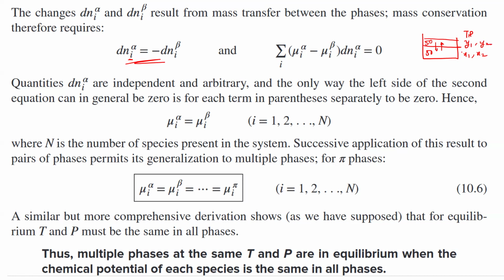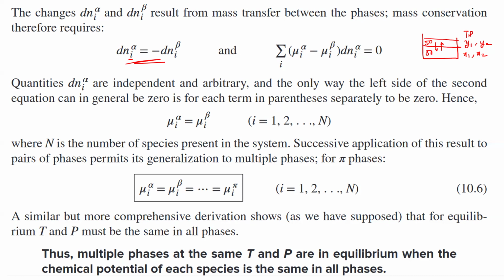Now, if I change the temperature or pressure, then a new equilibrium point has to be attained. So what happens? Just a small exchange of mass happens here to attain the new equilibrium. Here, I'm only talking about two species.